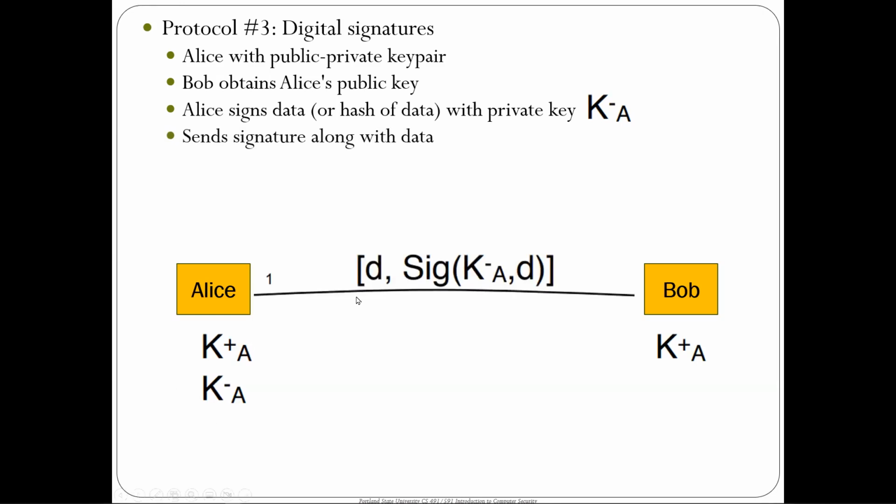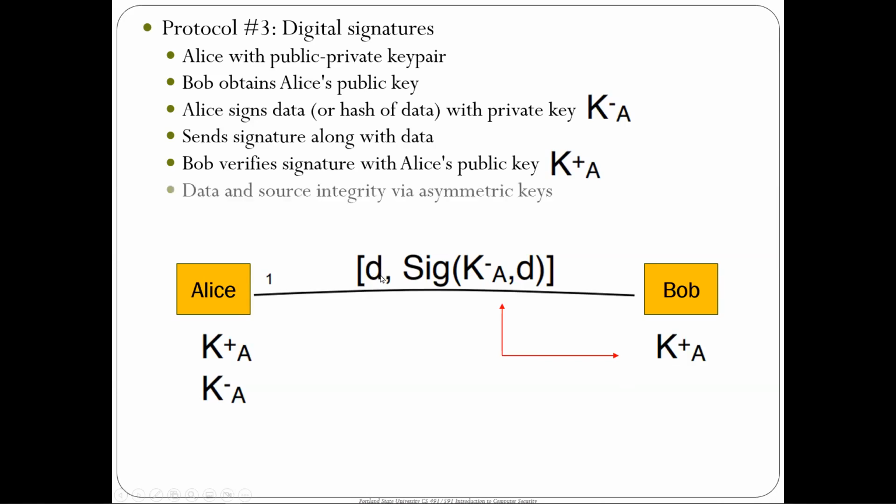So here is the data she's sending, and let's just assume that this data is less than the key size, and then signs that data with the private key. And then Bob, on the other side, with Alice's public key, can verify that this signature matches this particular data that was sent.